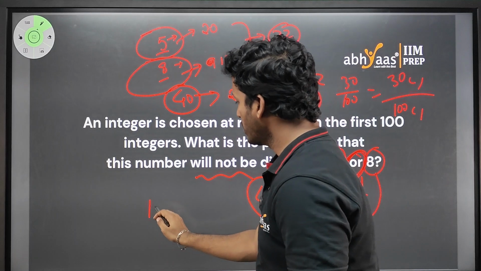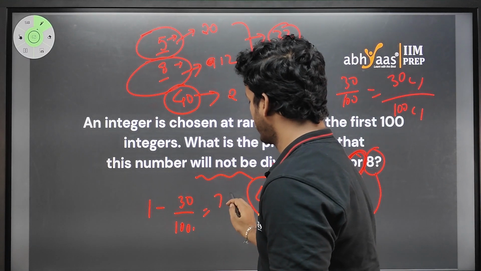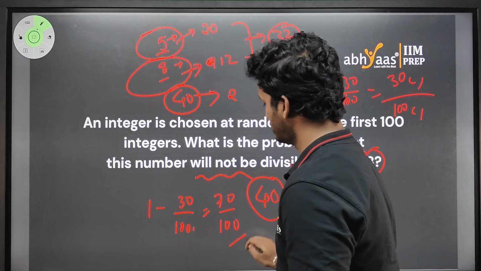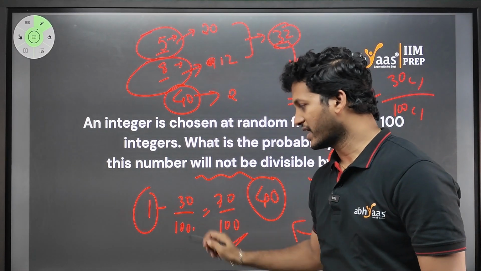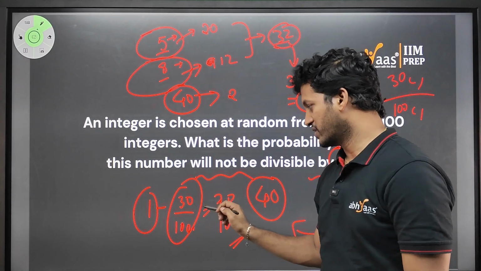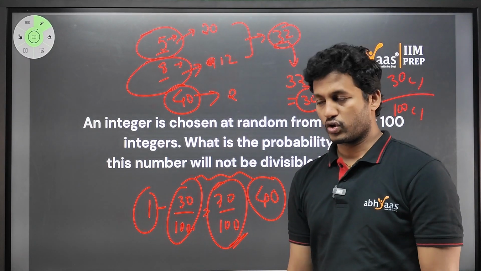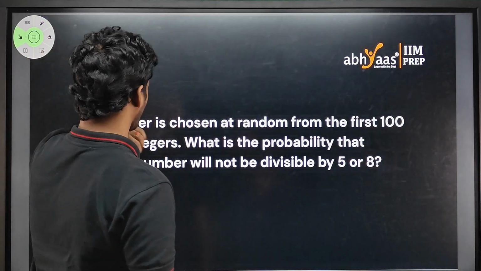That means 1 minus 30 by 100, which is 70 by 100. That means total events minus the non-required event gives us the required event. In this way we can find the answer for this model.